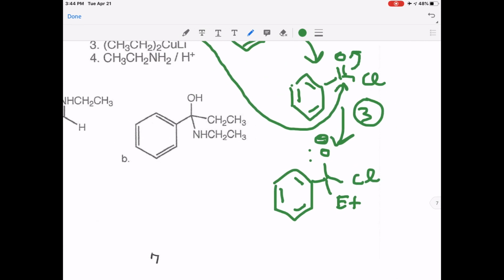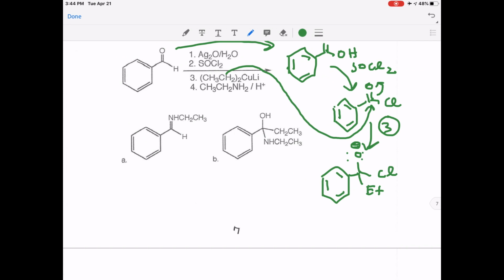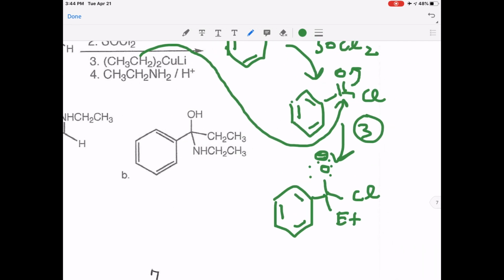So now we have this negative charge on this carbon, and this is actually known as an addition-elimination mechanism. So this lone pair of electrons is going to go back down in order to bring it back to a lower energy state, and that's going to cause this chloride group to leave.